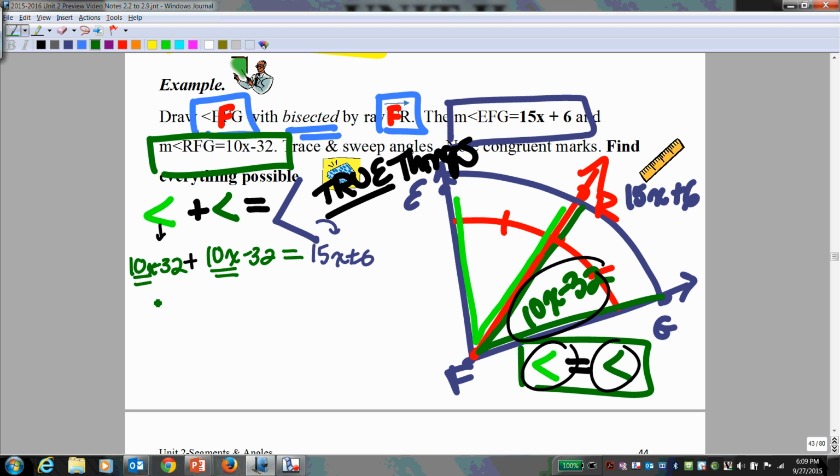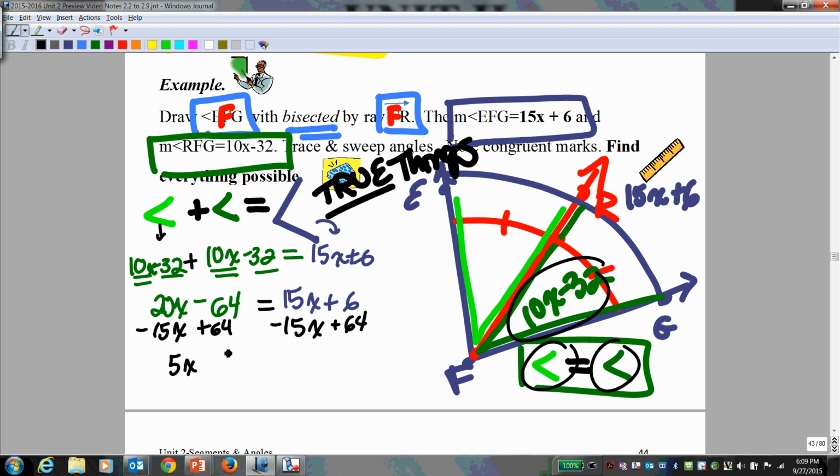Let's collect like terms. Now you're going to solve. X equals 14.